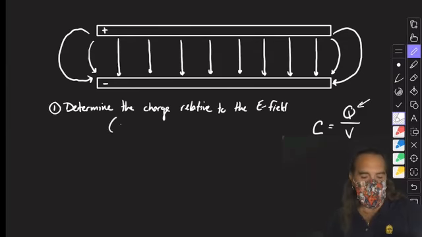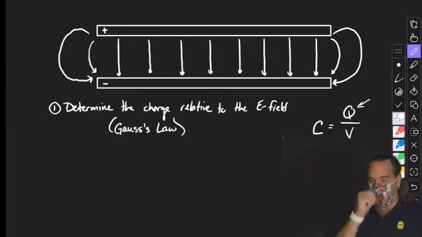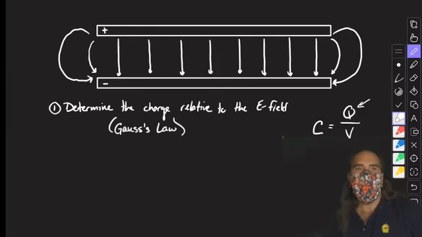This is usually going to be done by using Gauss's law. Usually. Second, determine the electric potential generated from that electric field.